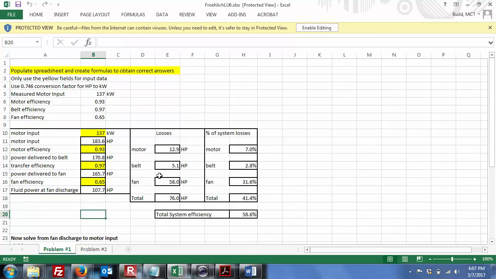So to calculate the losses, the formula, which you can see here, if we start at B11, that's how much is going in, times 1 minus that.